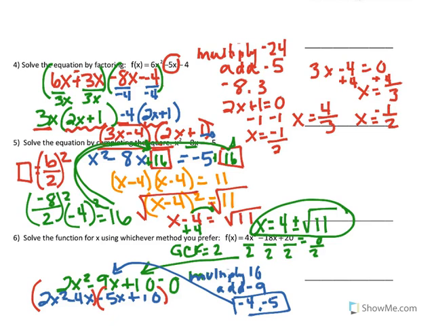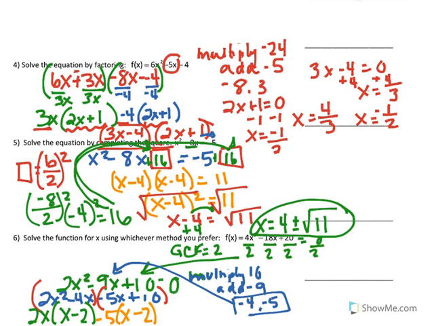So once I group them, I can look at the first term and say, hey, I can pull out a 2. So I'm going to pull out a 2 and I can pull out an x, and then I'll have x minus 2 left. With my next factor, I can pull out a negative 5, and then I have x minus 2.